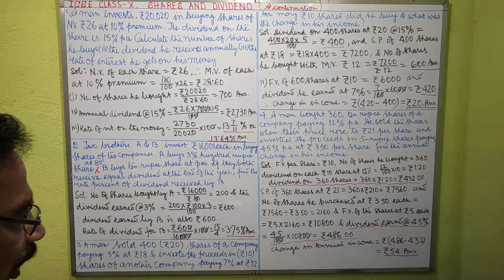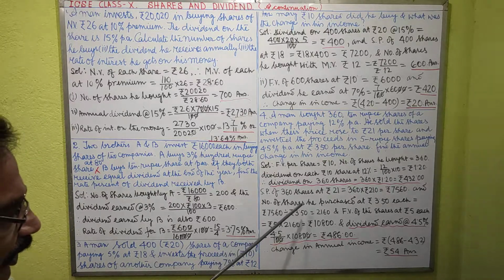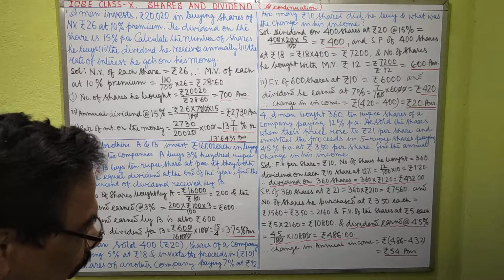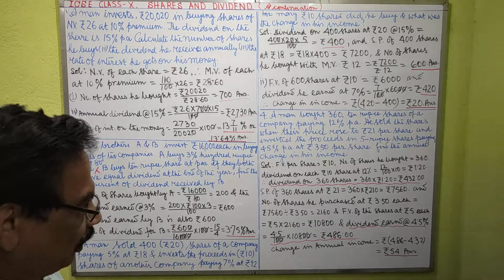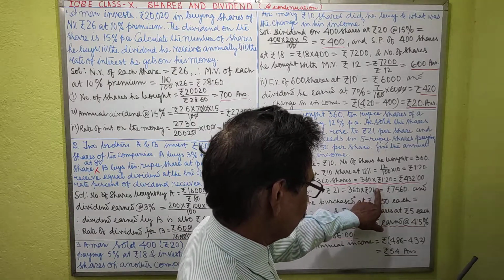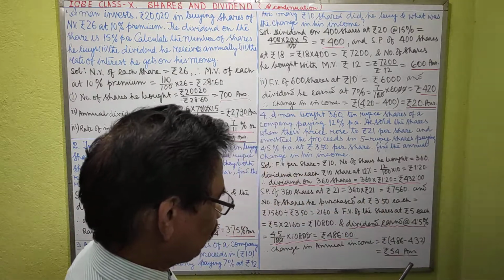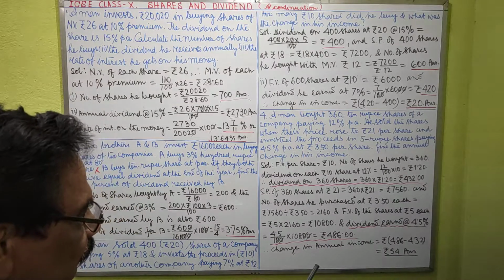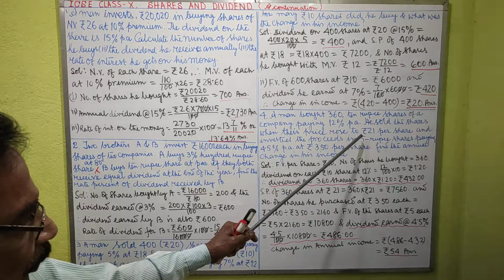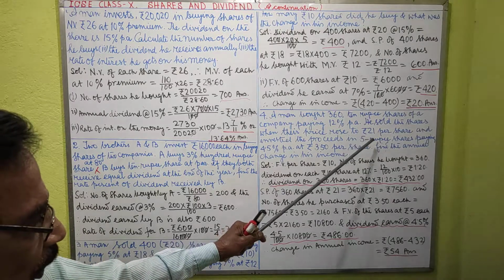And the selling price of 360 shares at rupees 21 equals 21 into 360, that is rupees 7,560, because the price of each share rose to 21.